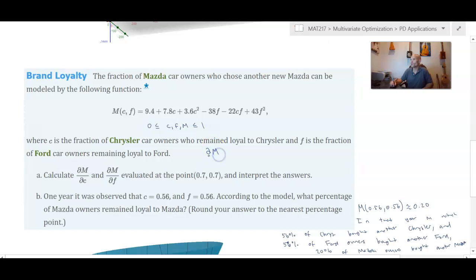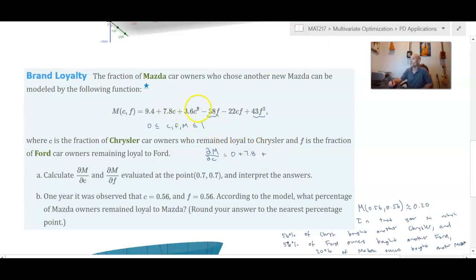So first, let's compute dM/dC. We take the derivative of each term, noting that any term with exclusively an F has a derivative of 0, because when we take the derivative with respect to C, we're holding F constant. So the derivative of 9.4 will be 0.